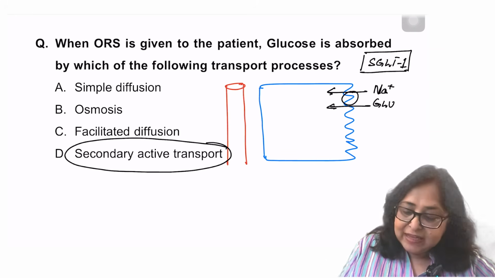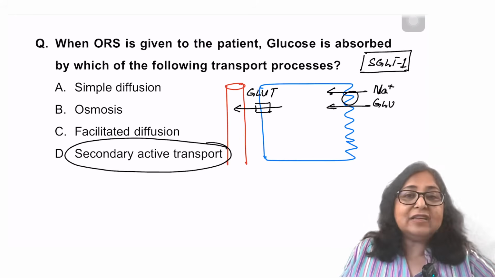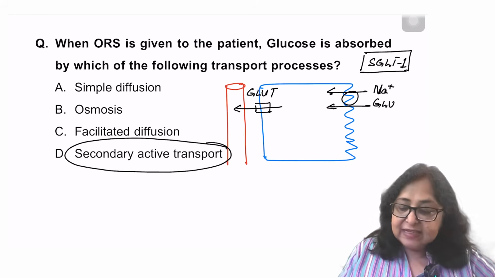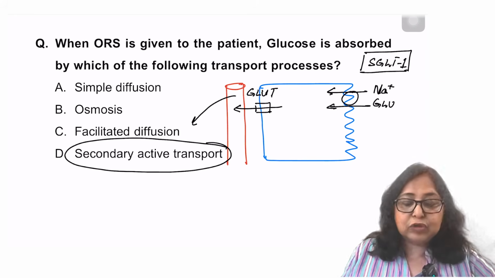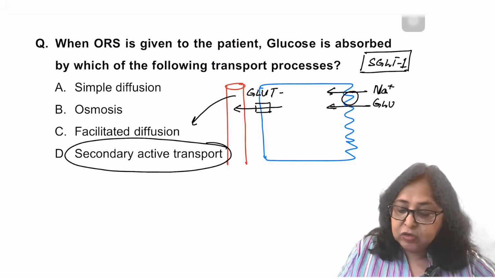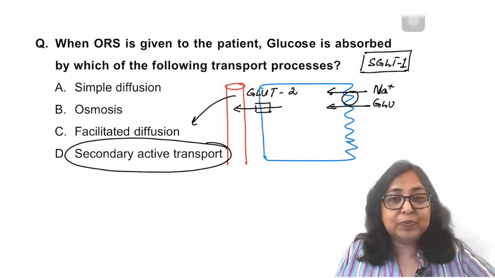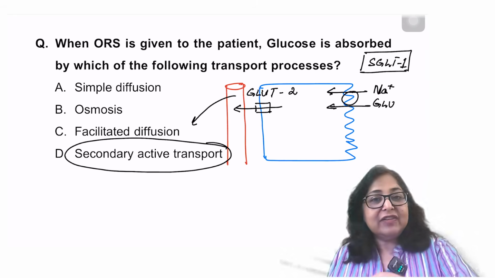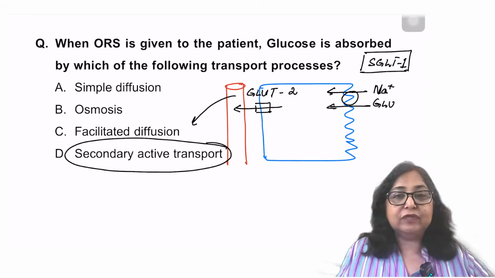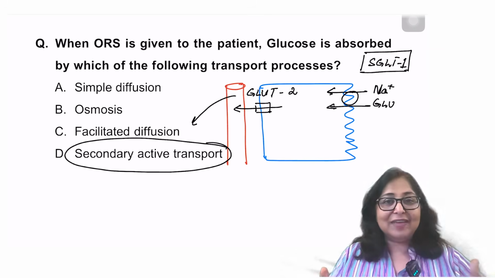The glucose will leave the basal side of the cell via a GLUT. GLUT is a glucose transporter. That is an example of facilitated diffusion. And the GLUT which is responsible is GLUT2. So it's a secondary active co-transport and facilitated diffusion. Of course, both are given in the options.